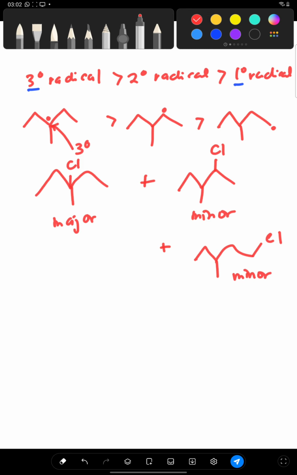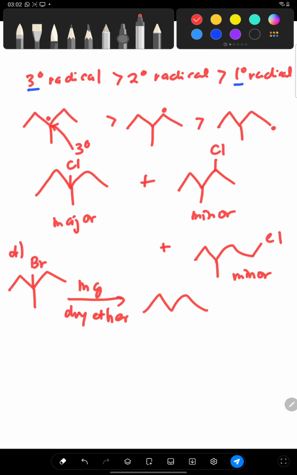First, here should be Br, reacting with magnesium in dry ether, so you get MgBr here.